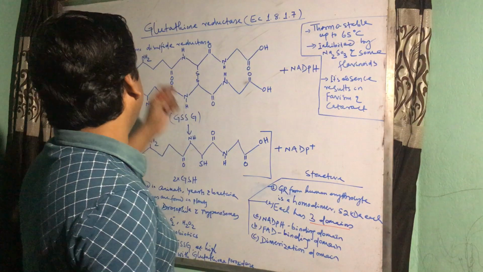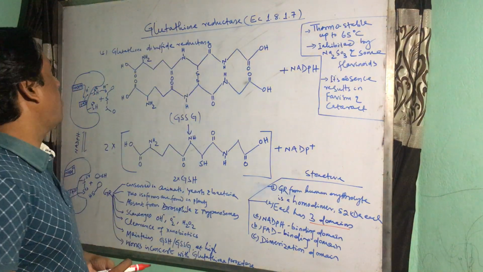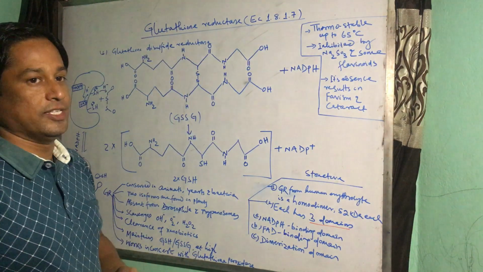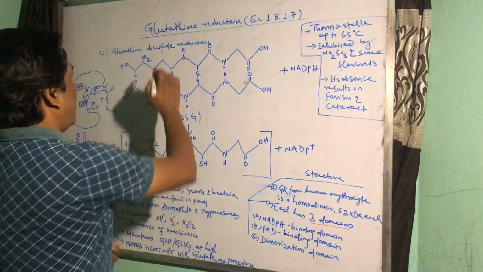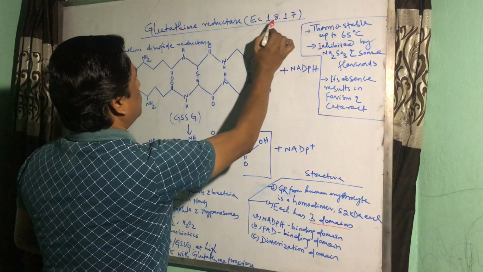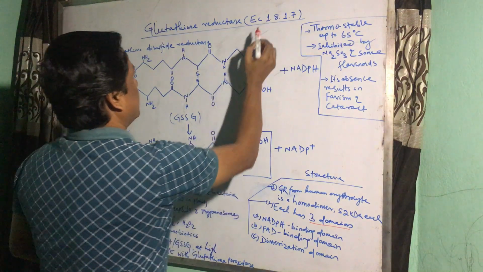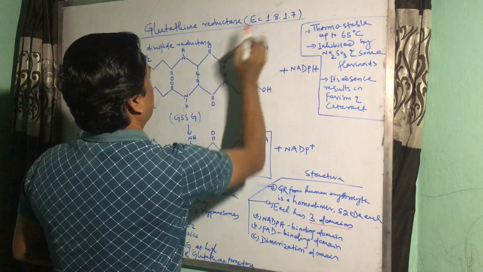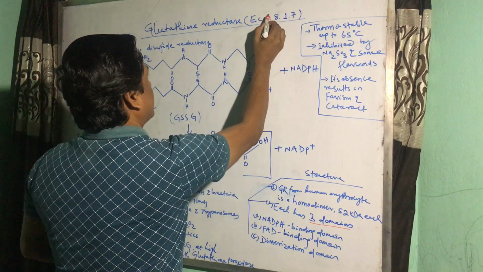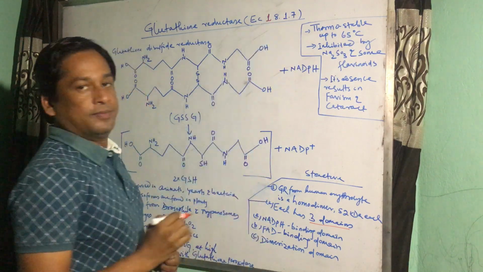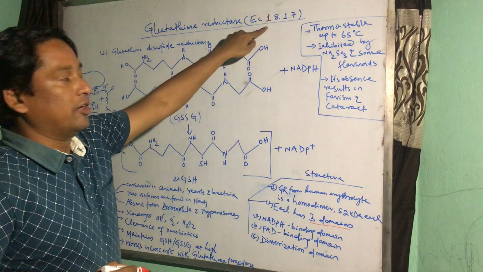Today we'll be discussing one important enzyme, glutathione reductase. Glutathione reductase belongs to the oxidoreductase family of enzymes, as indicated by its enzyme number. As this first digit indicates, it belongs to the oxidoreductase family.